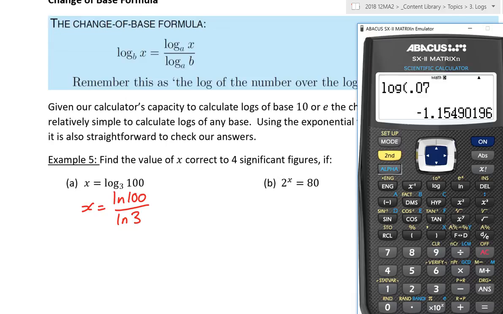Then out comes the calculator, because I can calculate those things. Log of 100 divided by the log of 3 is, to four significant figures, 4.192.